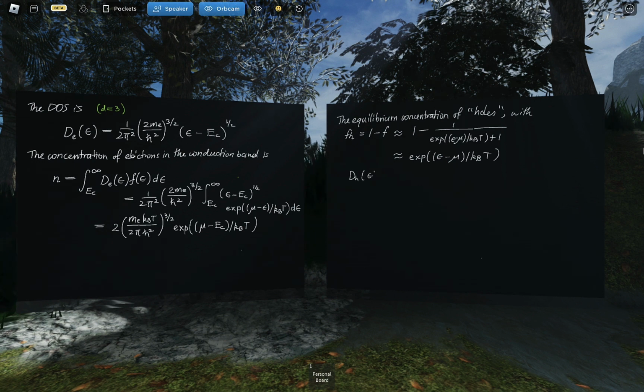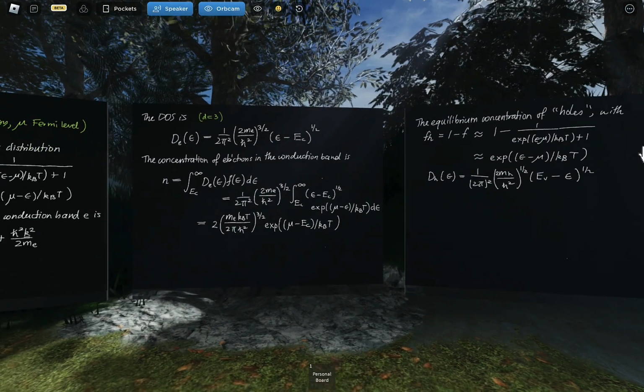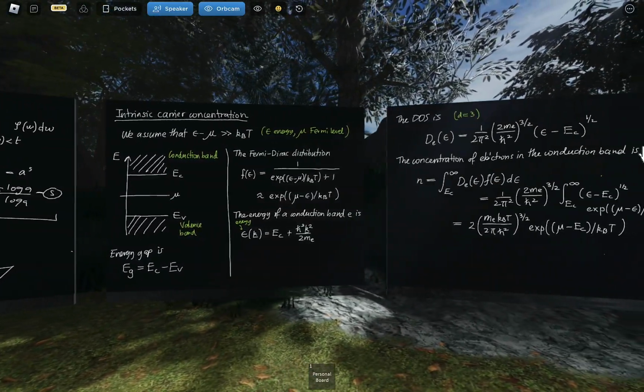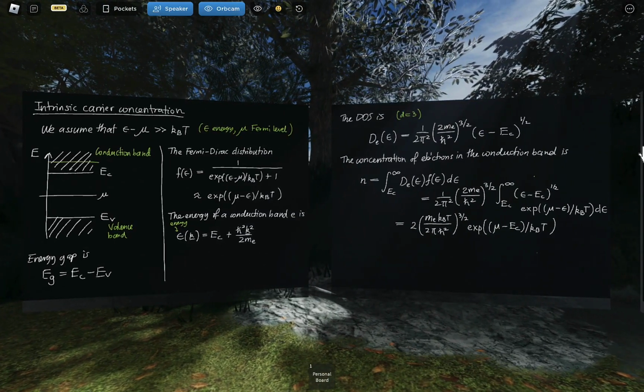The density of states for a hole is the same kind of formula, but it has the effective mass for a hole, h bar squared, and then it's the difference between that energy at the boundary of the valence band and the given energy, to a half. So now in the first calculation my epsilon was something that lived in this top group, in the conduction band. So this was up here for this stuff, and for this last board I'm doing, the epsilon is now down here. So I'm talking about this gap.